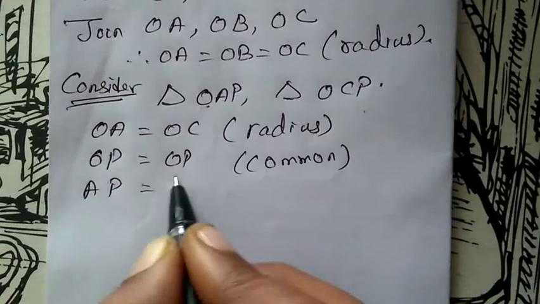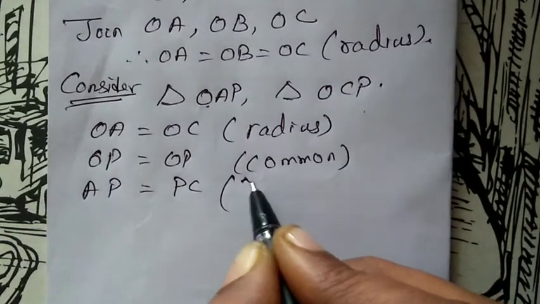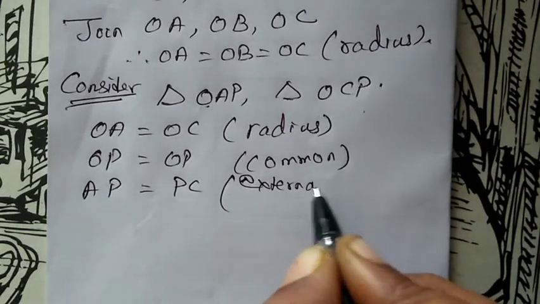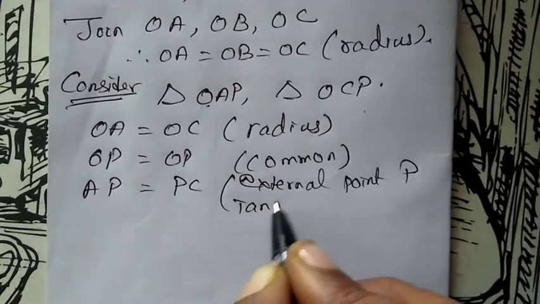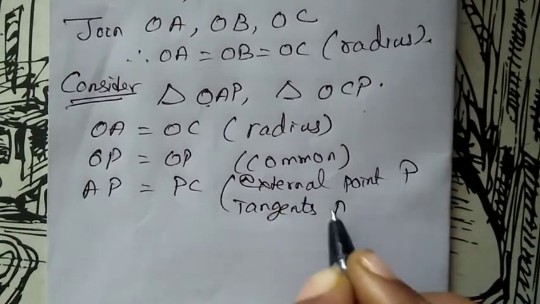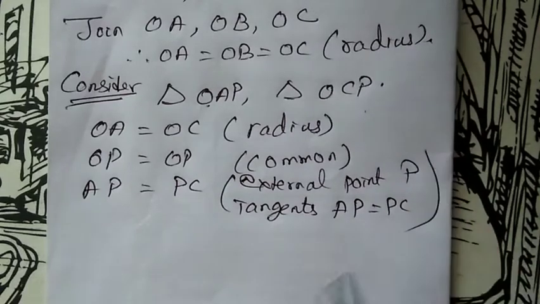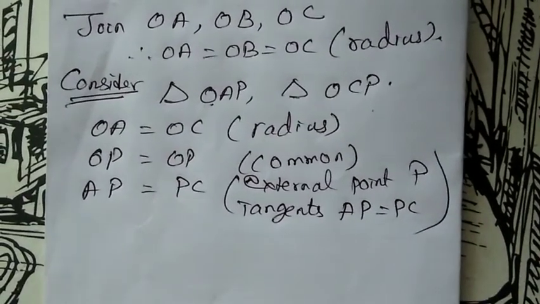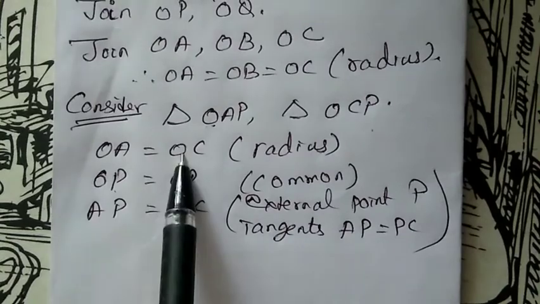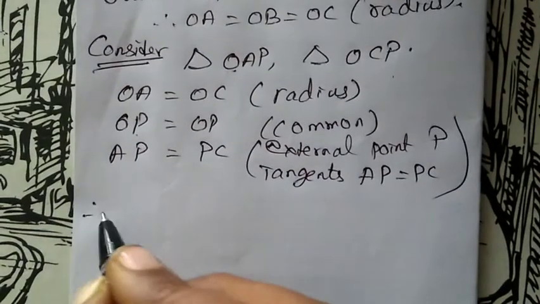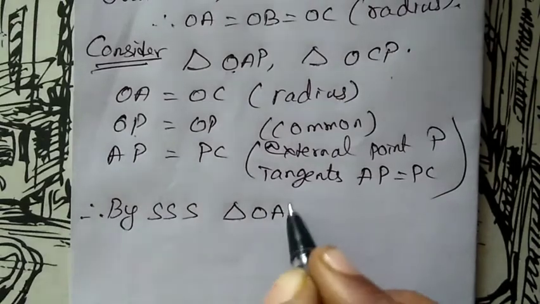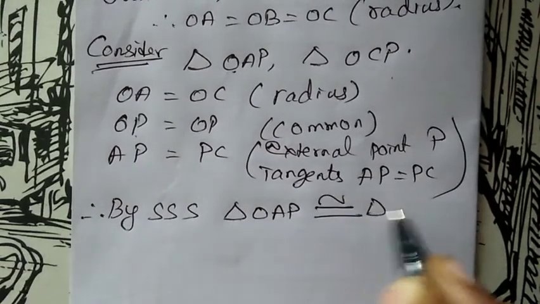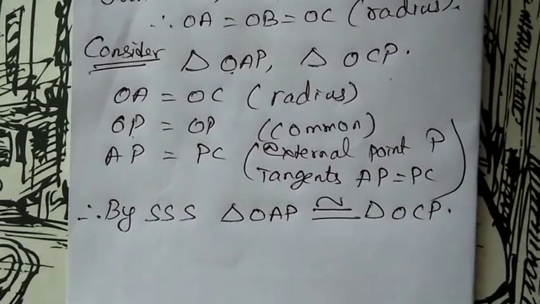AP equal to PC, because from the external point P, tangents AP equal to PC. From the external point P, the tangents are equal. So, by SSS, triangle OAP is congruent to triangle OCP.